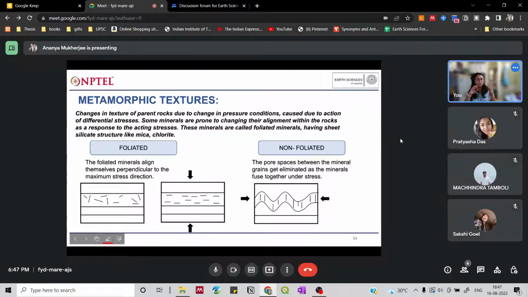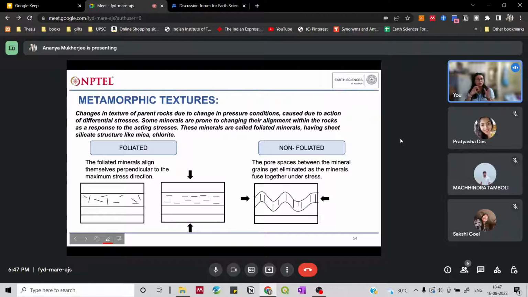A few examples are mica and also clay minerals. Now clay minerals, obviously you cannot really take the flakes out of it, but clay minerals, as you remember, have a sheet silicate structure. Mica also has a sheet silicate structure. So these sheet silicate structure minerals are usually called foliated minerals.